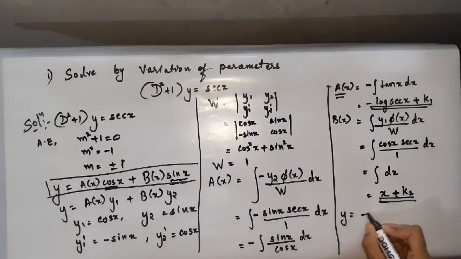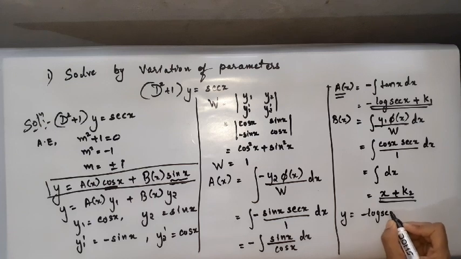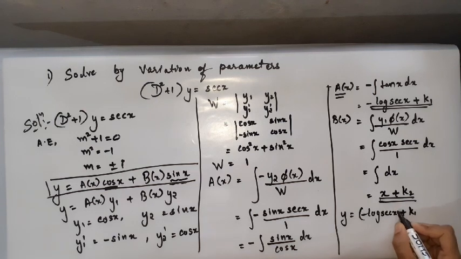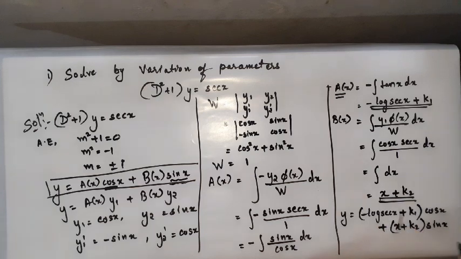A is minus log secant x plus k1, into cos x, plus the b value, x plus k2, into sin x. You can further simplify if you want, or if you keep it like this, it is not a problem. So this completes the solution for this problem from your model question paper.